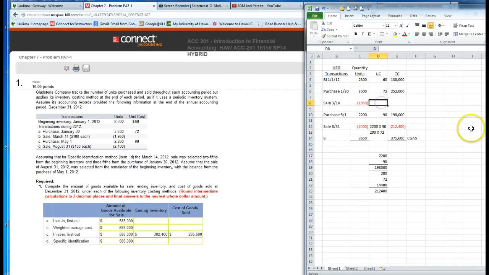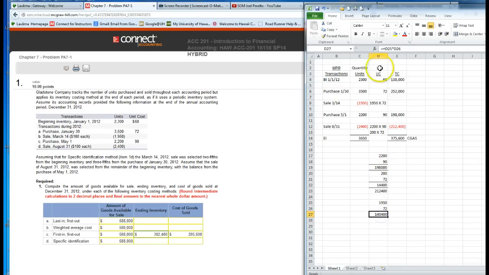And so all of this 1,950 units is going to come out of this batch of 3,500 that we paid $72 each for. And so that calculation is a little bit easier to do if we take the 1950 and the 72 and take the quantity and multiply by the cost.